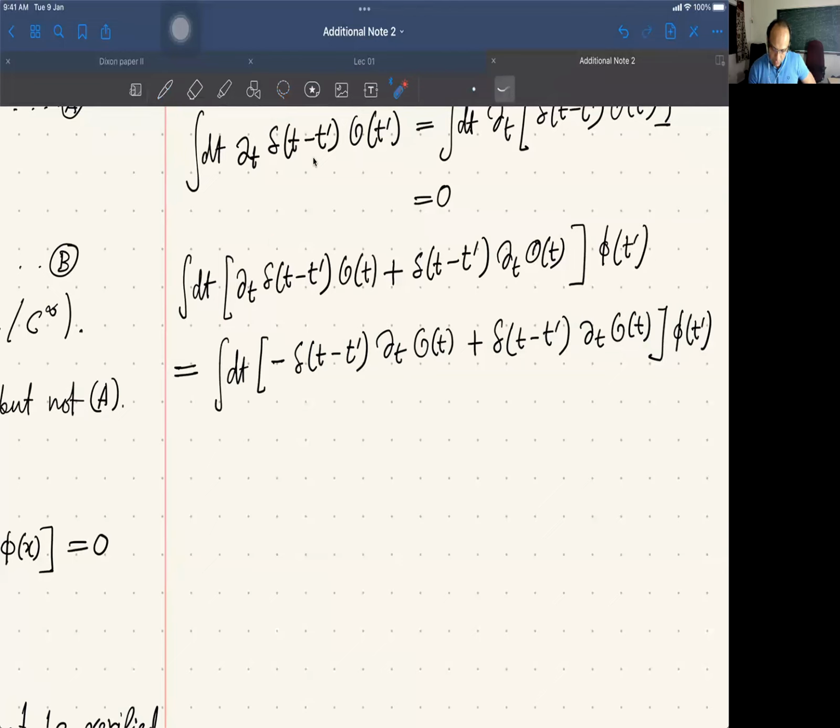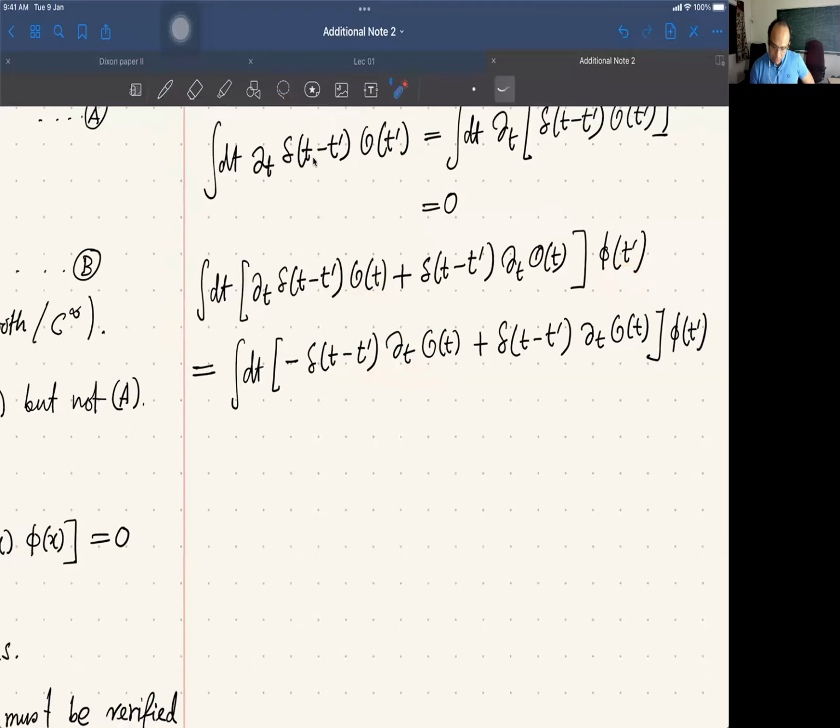You can write from here to here because you are writing this as a derivative with respect to t of the entire thing, like this term times this term. But it is only this term minus all the derivatives that you have written extra, which is the derivative acting here, and here, but this term is t prime, so it doesn't act on it and gives 0, and therefore you have only one term.